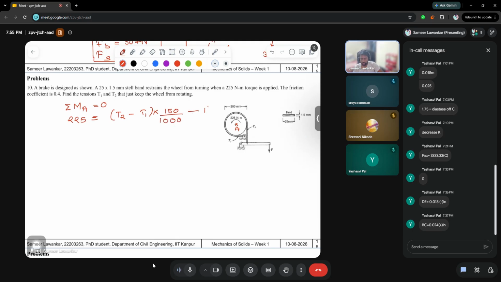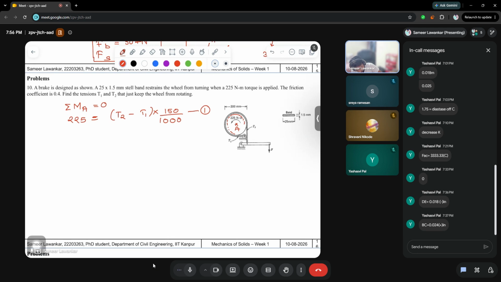The second equation can be derived using the mechanism, and therefore we know that if T2 and T1 are there, a brake is being applied up here, and the frictional force is exerted on the belt due to the mechanism.